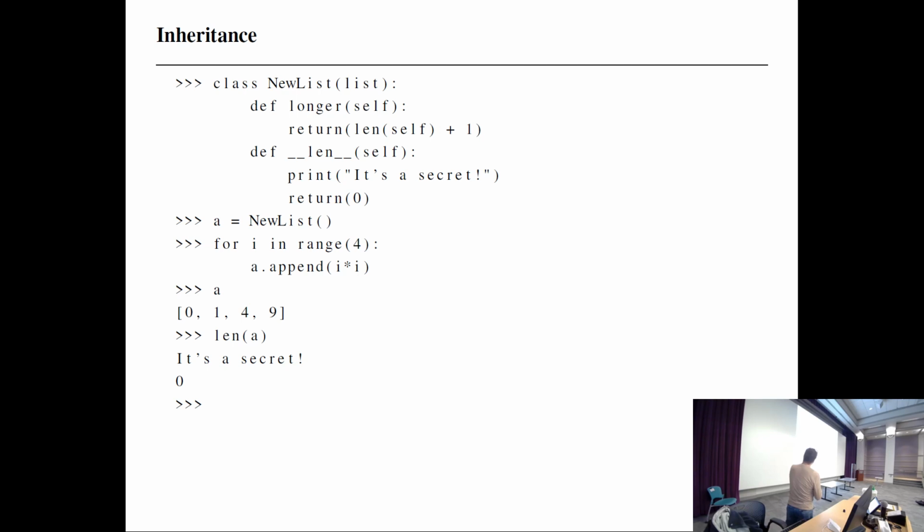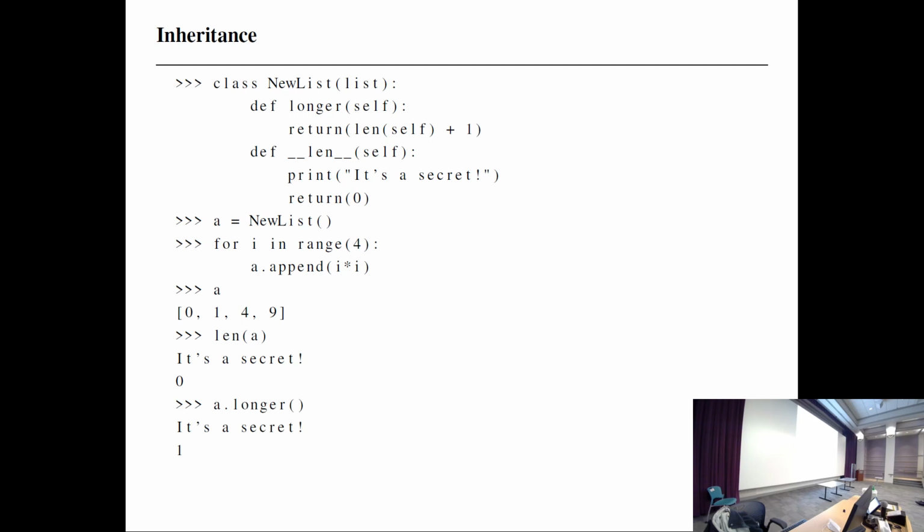We'll get the method associated with newList, which prints out "it's a secret" and then always returns 0. So this method, we say, shadows the original __len__ method of the list class from which I have inherited. So you can create methods that specialize the behavior of methods from your parent class.